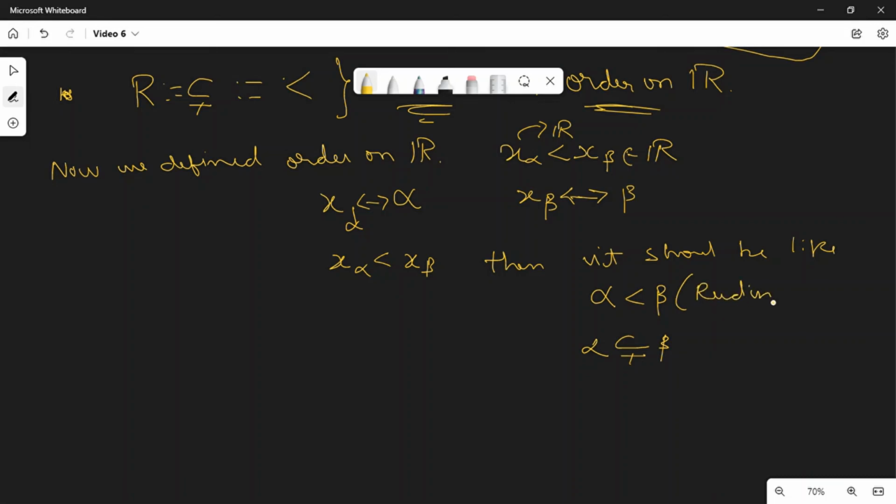This is Rudin's symbol. So this is how we look at less than from now on.